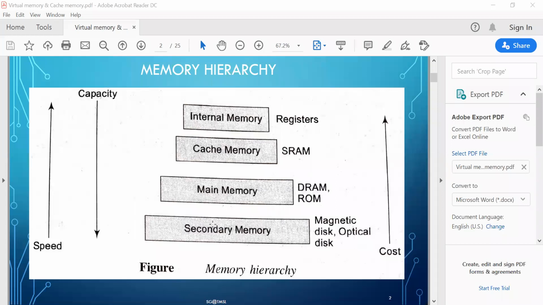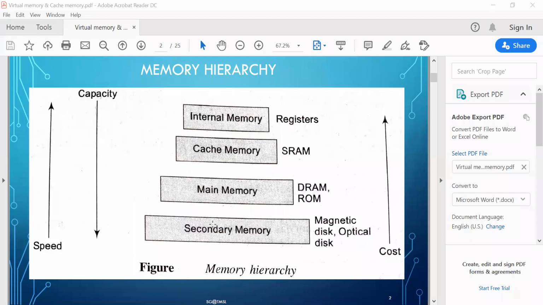Now the secondary memory has very slow speed and low cost, and provides backup storage. If you would like to store a large or bulk amount of data, you can use it. This type of memory is used for storing all programs and data for bulk operation.